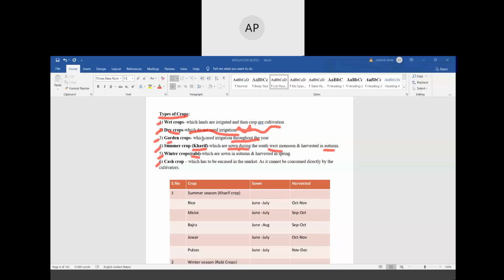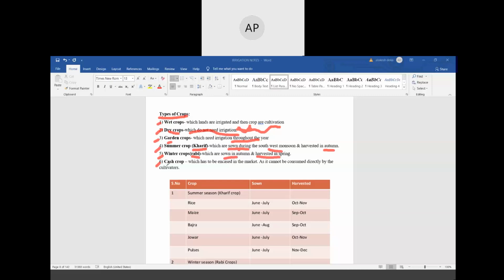Kharif crops are also known as summer crops. Next is winter crops, rabi. Rabi crops are also called winter crops, which are sown in autumn and harvested in spring.